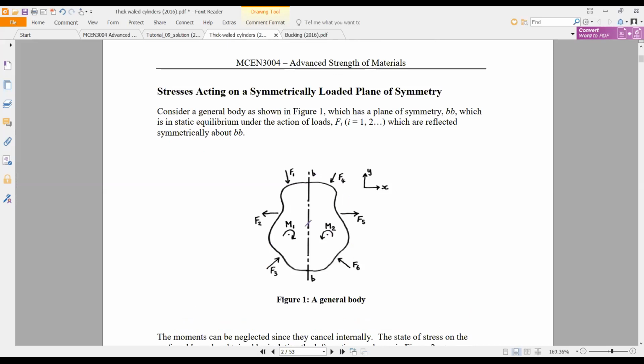These vertical forces apply on this side. If you take the vertical and horizontal components of all the forces, the vertical forces applied on each side are independent, not dependent. But the horizontal force is dependent because we select the vertical plane. If you select the horizontal plane, the same result will happen.